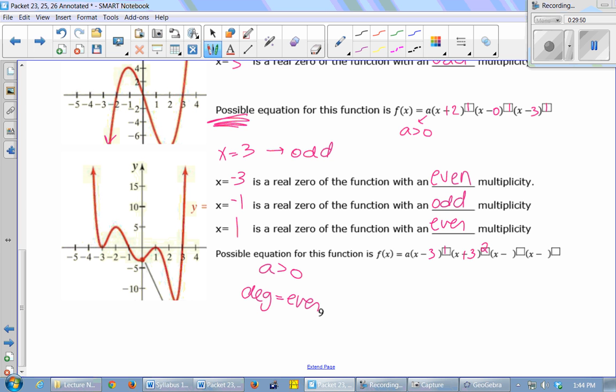I could also put a 4 or a 6 there, I don't really know. And then x = −1 is a zero, that means that x + 1 had to have been a factor, and it has odd multiplicity, so I can put a 1 there. I could also put a 3 or a 5, I don't know. I just put the smallest one to make it as simple as possible. Yes?